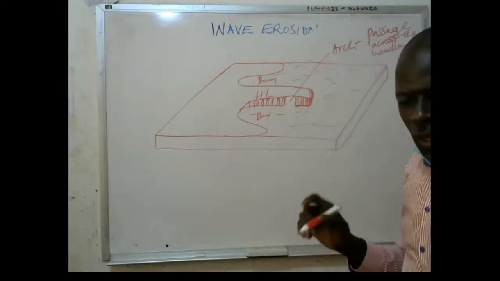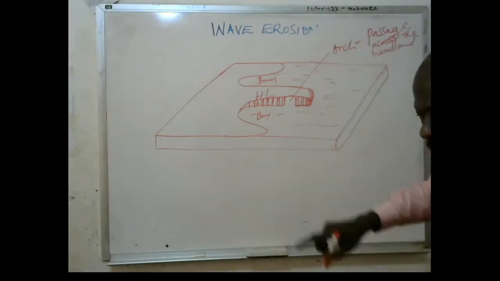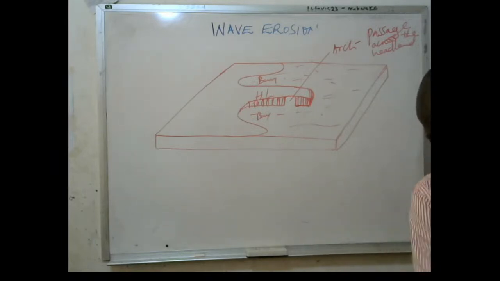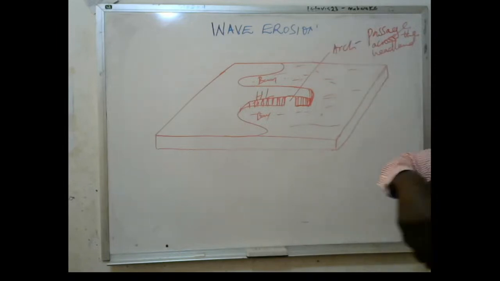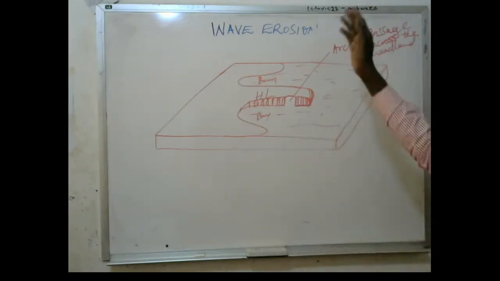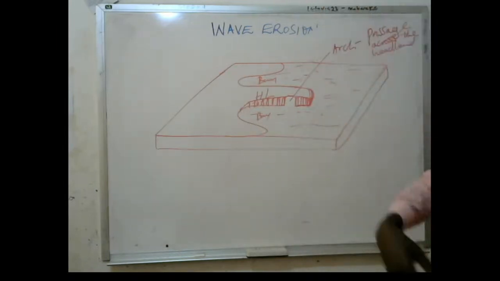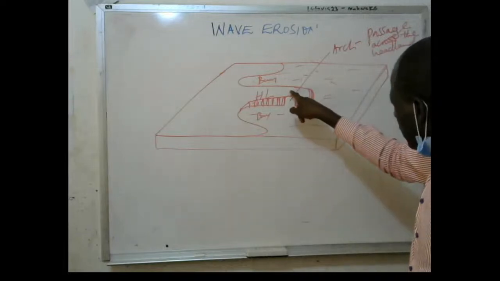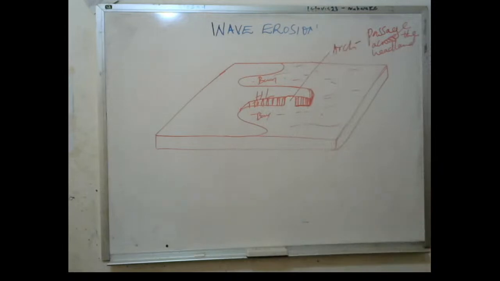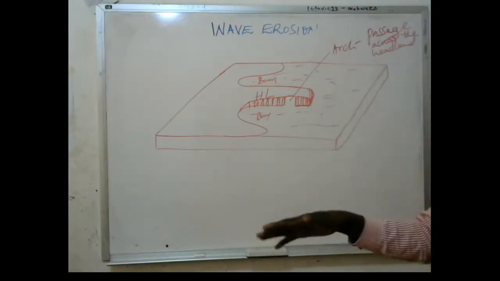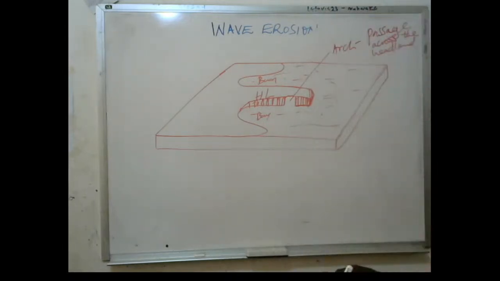Now, gradually, because this passage has been created, as water keeps moving through it, like we said about the cave, that the water splashes in it. So this water may keep splashing within that passage. And that means that splashing water will erode the roof of the arch. The rock above the arch will be gradually weakened and it may eventually collapse.